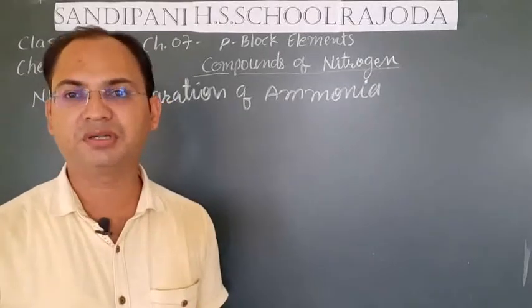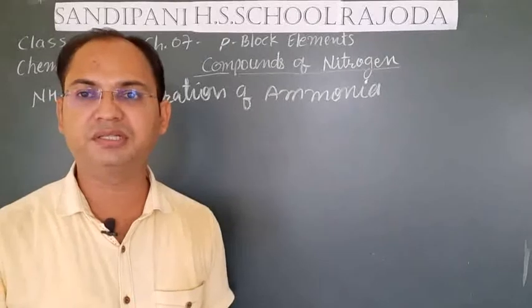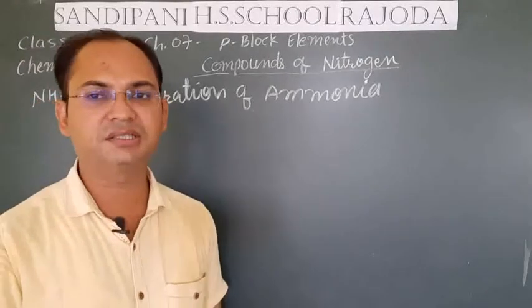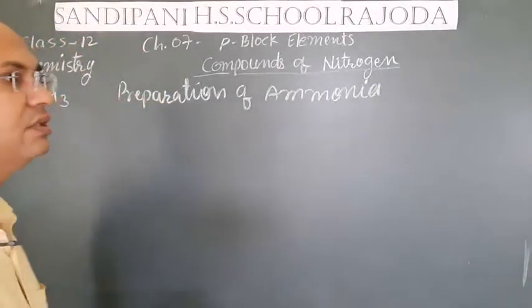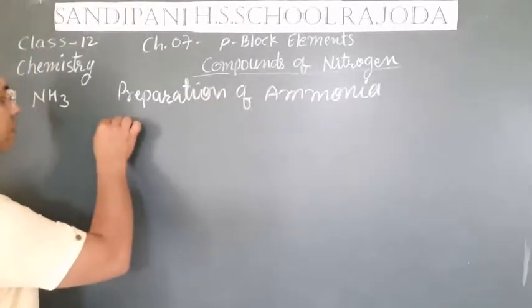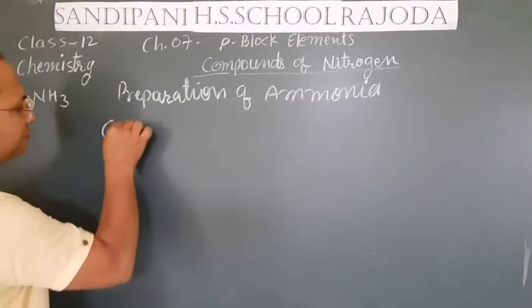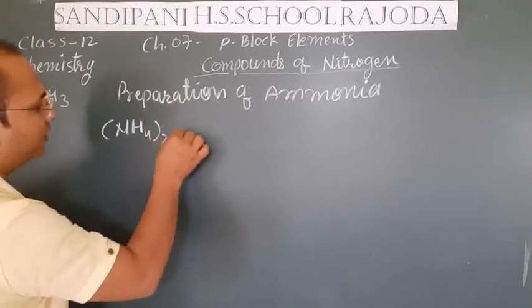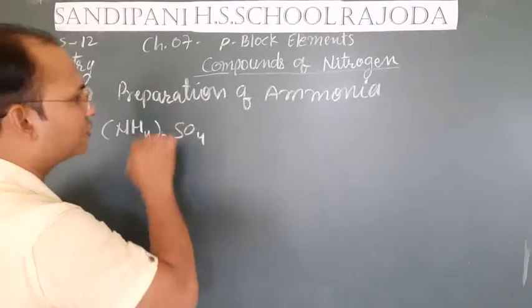heating the ammonium salt like ammonium sulfate, ammonium phosphates, etc. Let's see how the reaction takes place when we heat the ammonium sulfate salt. The chemical formula of ammonium sulfate is (NH4)2SO4.